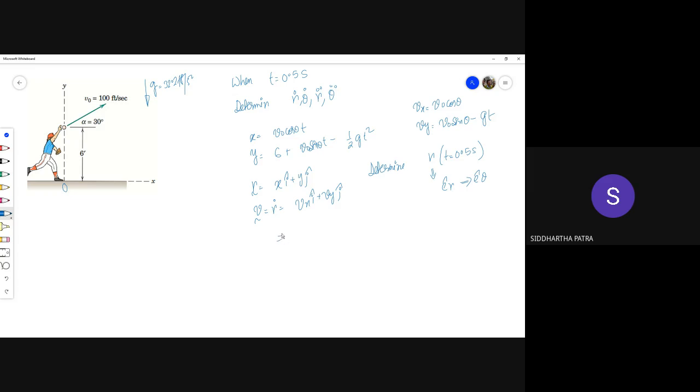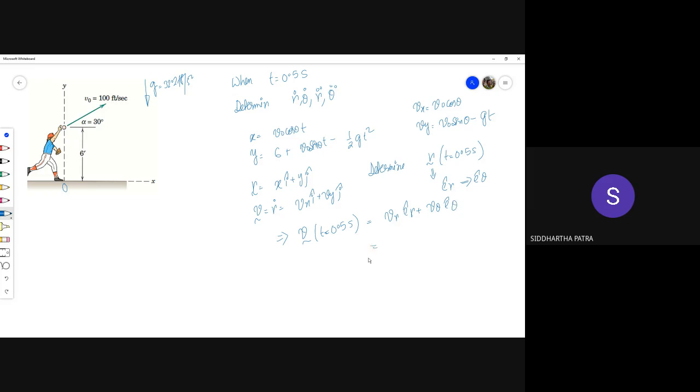So you can evaluate V at t equals 0.5 seconds, but then that V is Vr er plus V theta e theta.